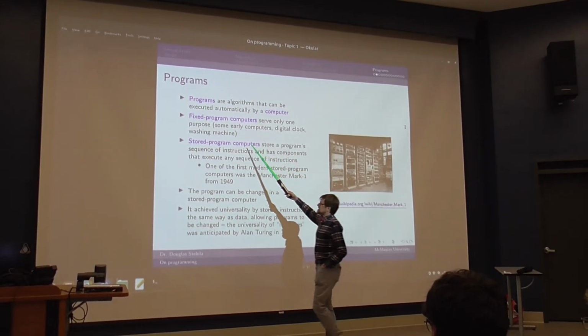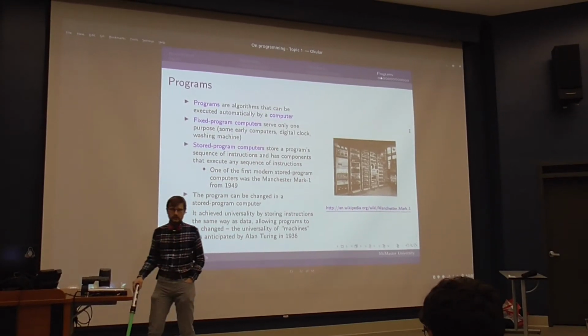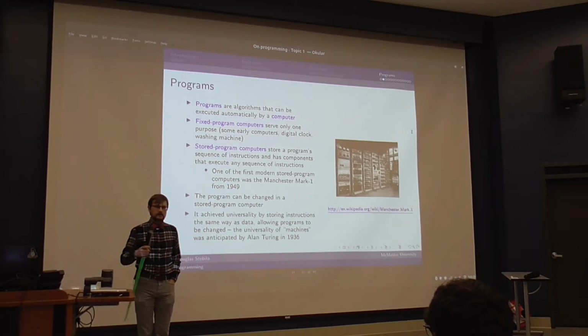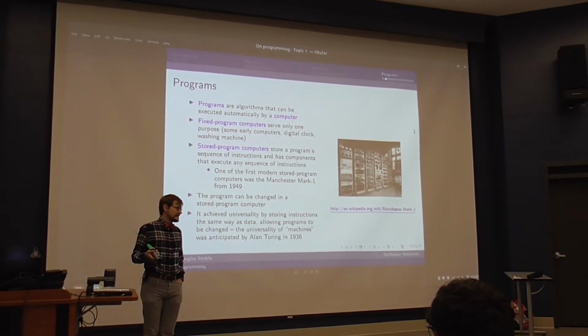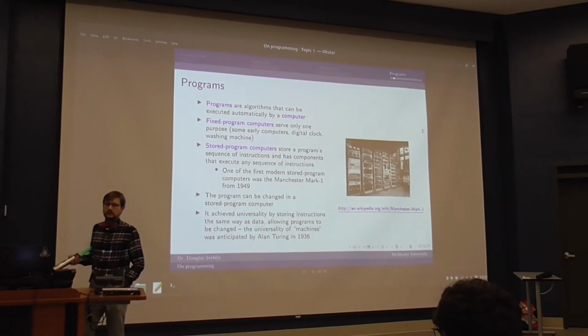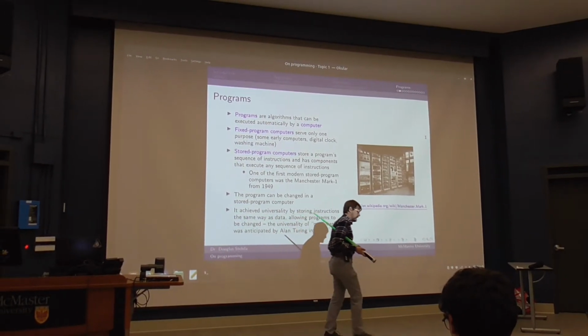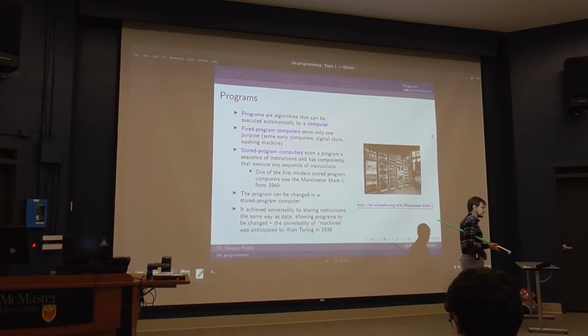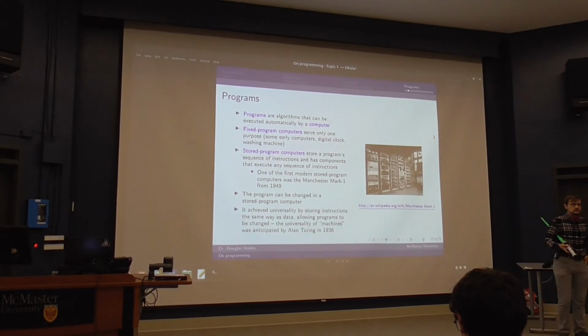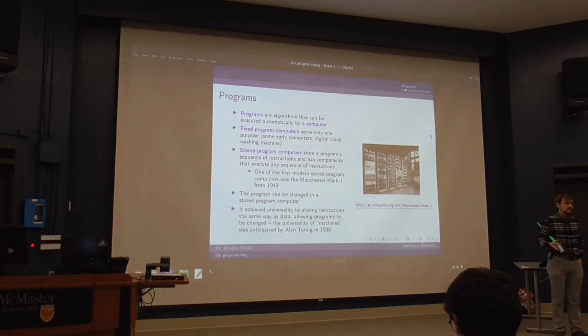We have a distinction between fixed and stored program computers. A computer does not necessarily require a software component. In fact, many computers are built exclusively from hardware components and do not have the ability to be programmed.